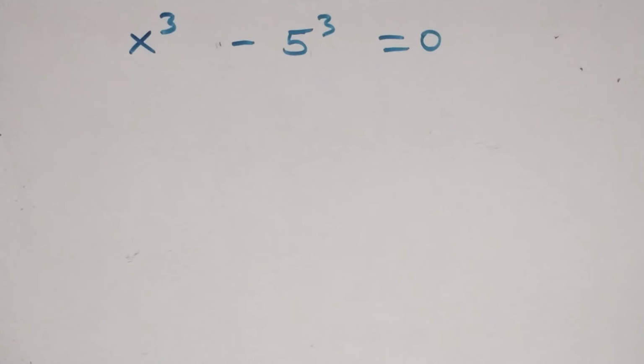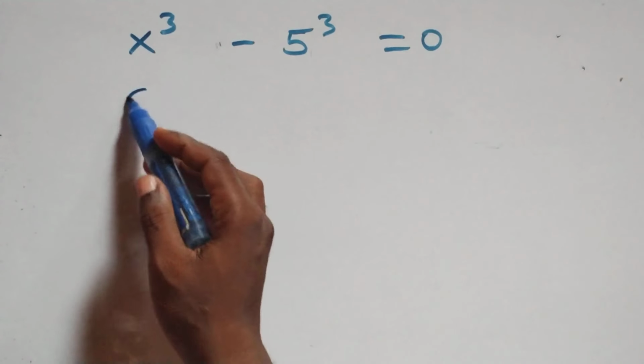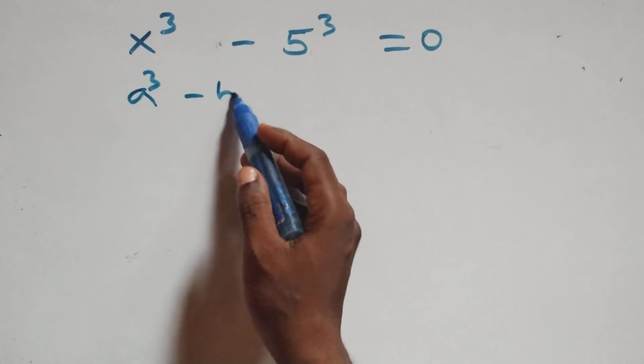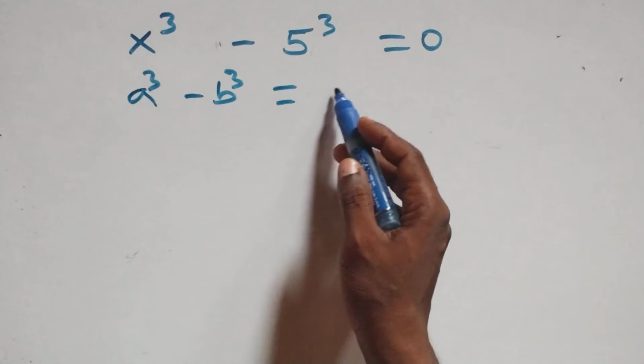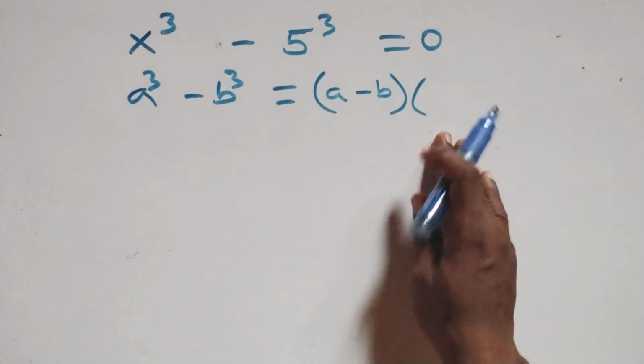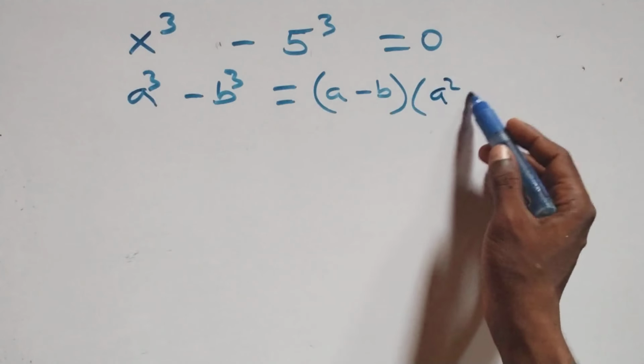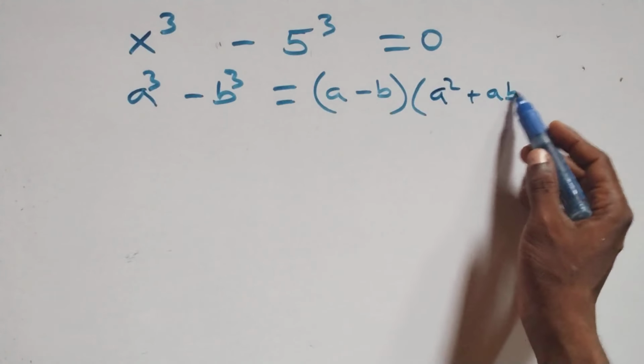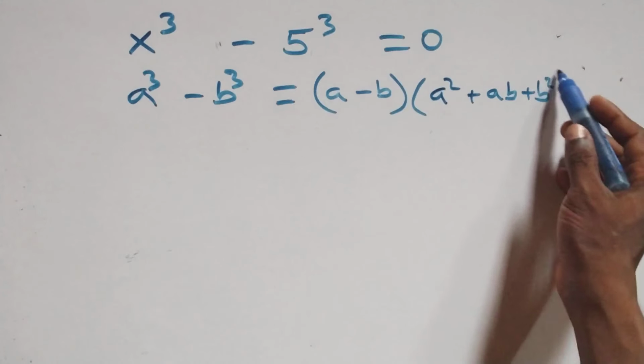Also solving from the second case here, this follows when we have a raised to power 3 minus b raised to power 3, which is the same thing as a minus b into brackets, then open bracket a square plus ab plus b square.